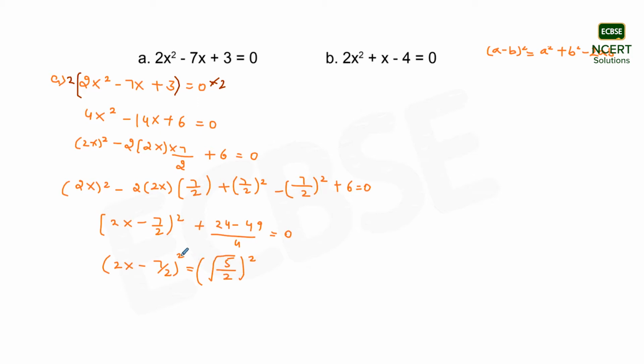So if I take the square root on both sides, I get 2x minus 7 by 2 is equal to plus minus root 5 by 2. Why? Because any number on squaring results in a positive number. And as we are taking the square root, the initial term can be positive or negative, which would have resulted in the number 5 by 2 on squaring.